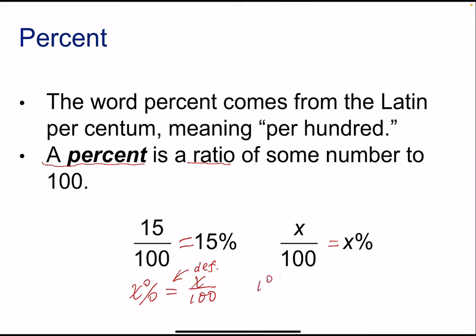So 1% equals 1 over 100. 100%, what's 100%? It equals 100 over 100. Now what's 200%? 200 over 100, which in this case is really just 2.